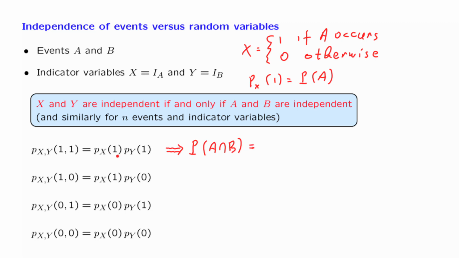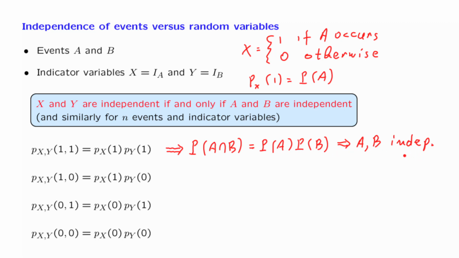On the other side of the equation, we have the probability that X is equal to 1, which is the probability that A occurs, and similarly the probability that B occurs. But if this is true, then by definition, A and B are independent events. So we have verified one direction of this statement. If the random variables are independent, then events A and B are independent.